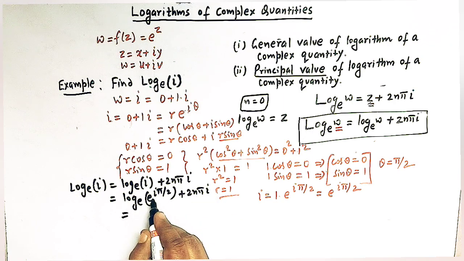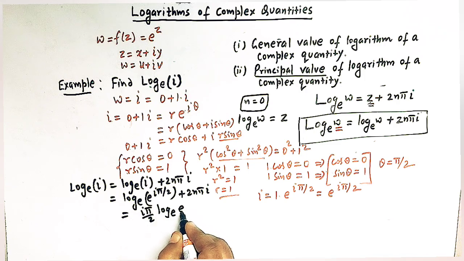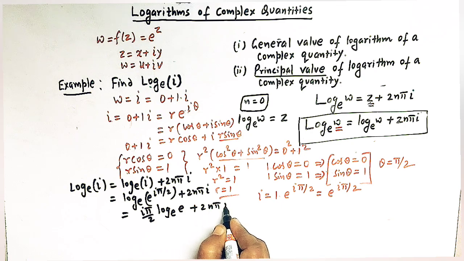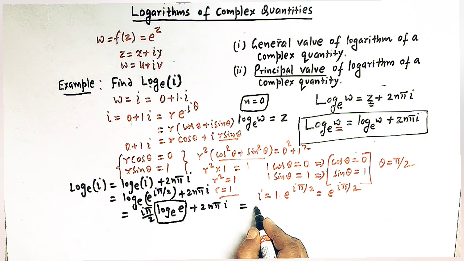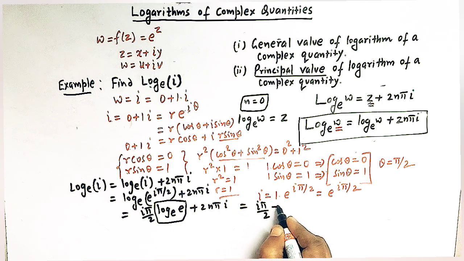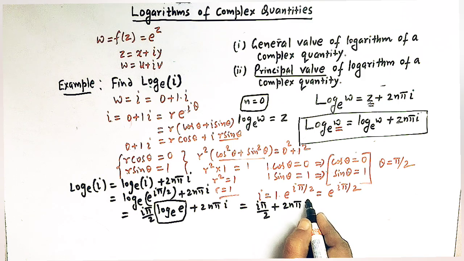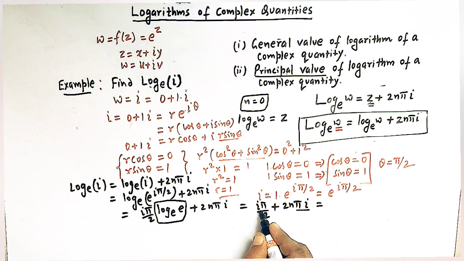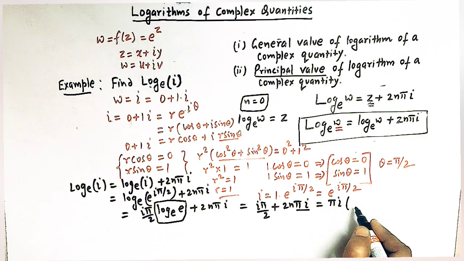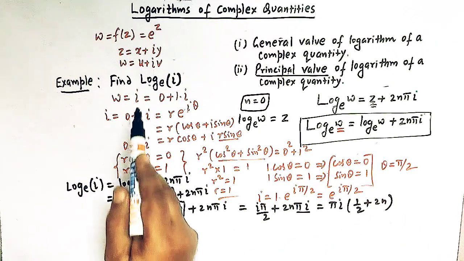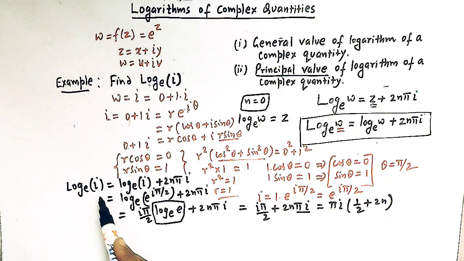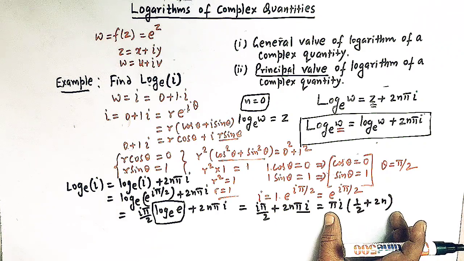Again using the laws of exponents, we can write iπ by 2 times log of e to the base e, plus 2nπi, and log of e to the base e is 1, so here we have simply iπ by 2 plus 2nπi. And taking πi common, we can now write πi times half plus 2n. So the general value of logarithm of i is given by this expression.